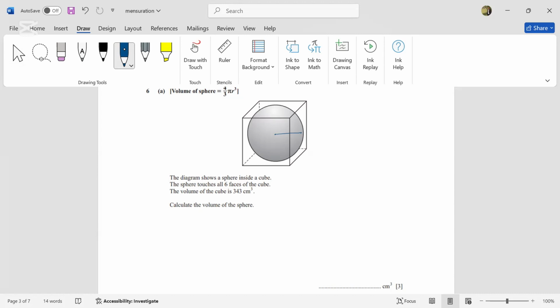So given thing is volume of cube. Volume of cube is L power 3. So we have got 343 equal to L cube. Let's take cube root on both sides. So length is 7 centimeter. Means this whole is 7. So half of 7 will be 3.5.